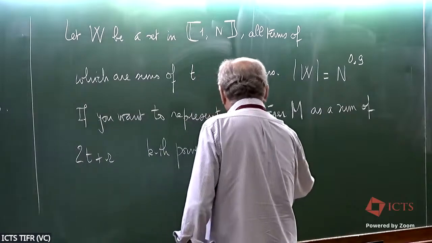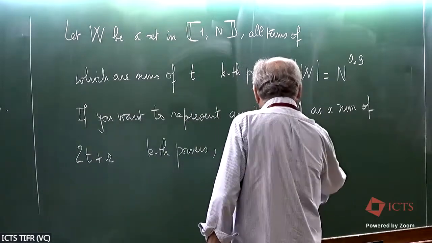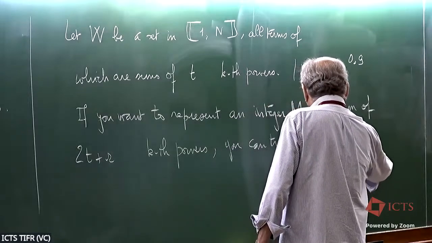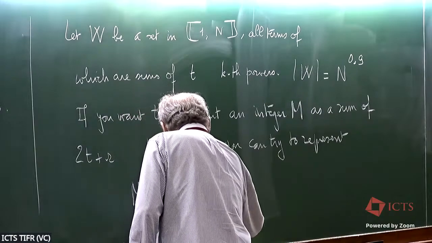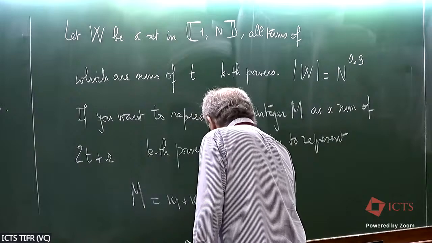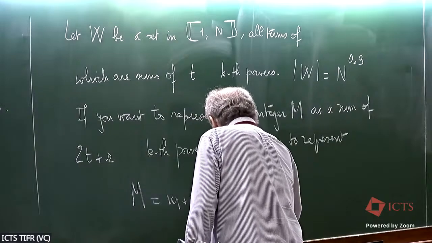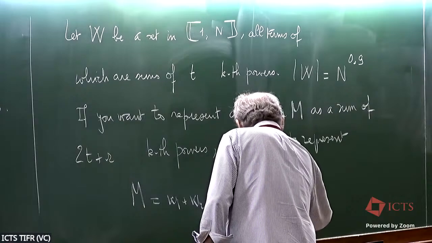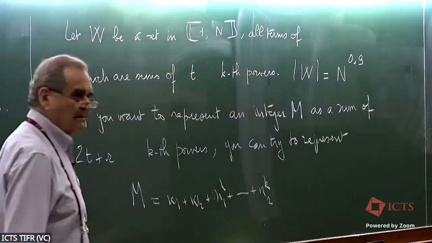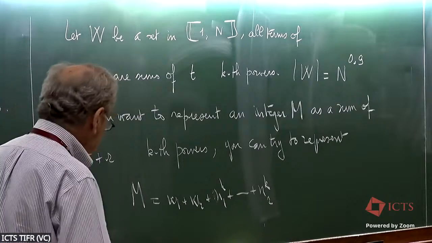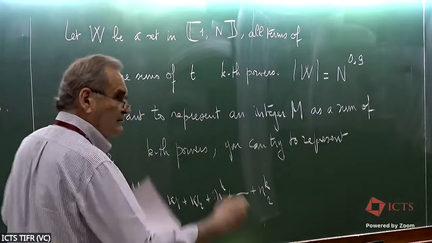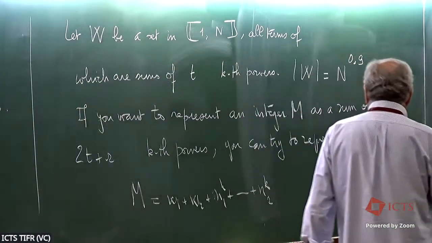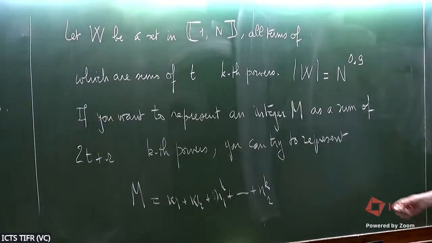You can try to represent it: m is equal to w1 plus w2 plus n1 to the k plus blah, blah, blah, plus nr to the k. So you are taking 2 elements from W, and you are taking this number of elements. Yeah. And so you go into the circle method, you know everything. So what you will have is a representation number R of M.